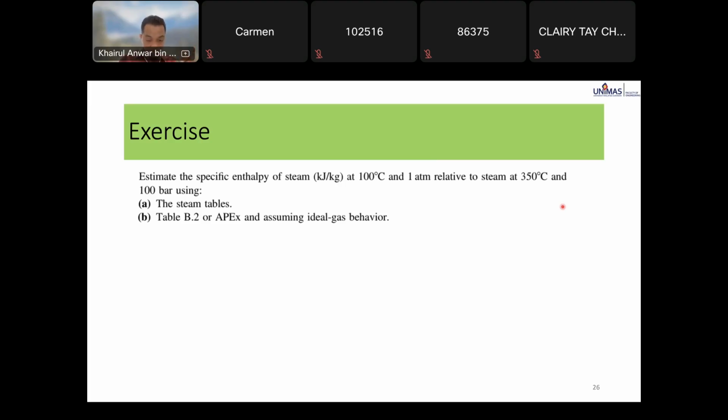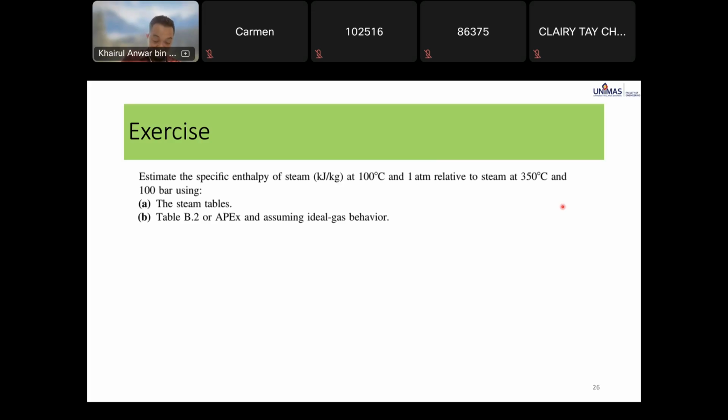Table B6 is based on pressure table. But you can look at the second column. It's in temperature. 350. So there is no temperature steam at 350.